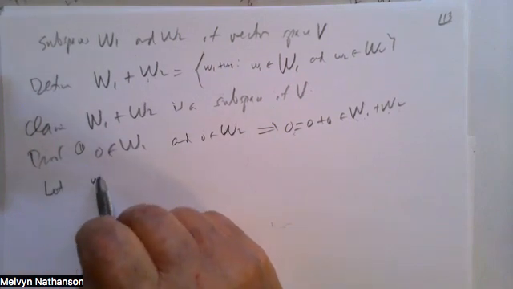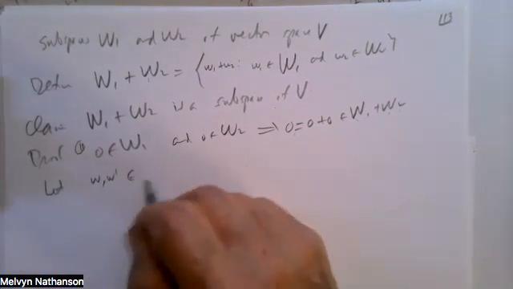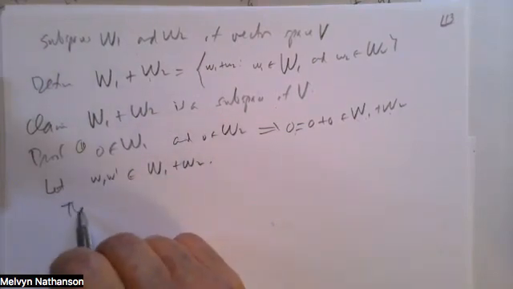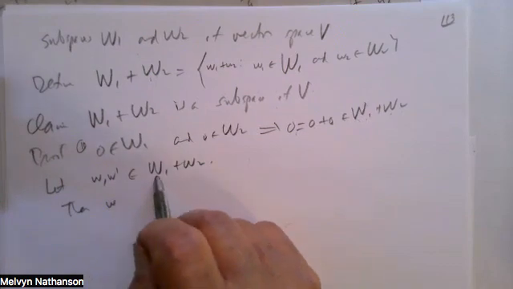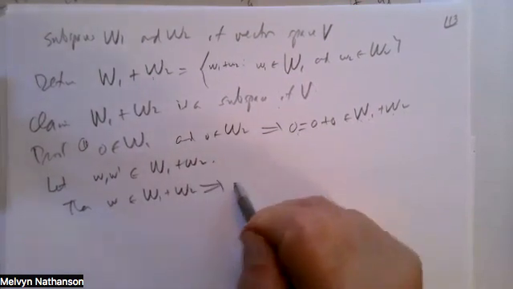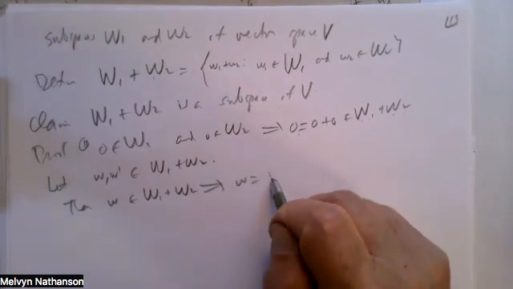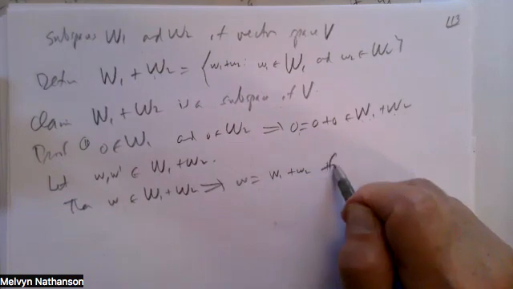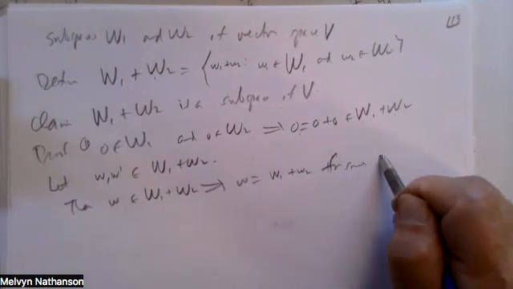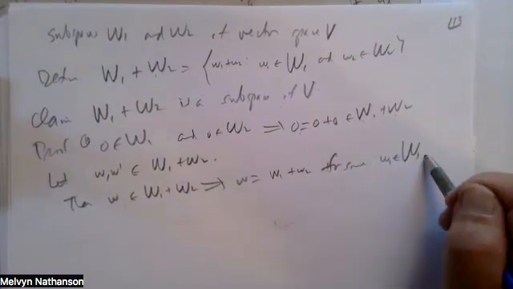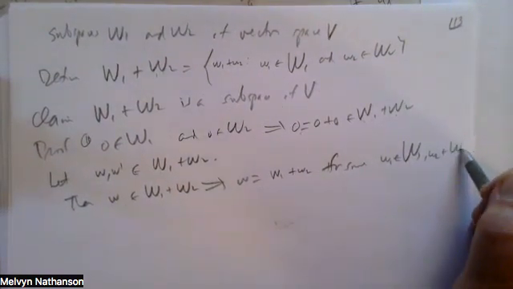Suppose I let W and W prime be two vectors in W1 plus W2. Then W in W1 plus W2 implies W is equal to w1 plus w2 for some vector w1 in the subspace W1 and w2 in the subspace W2.